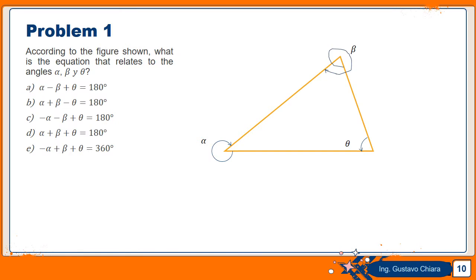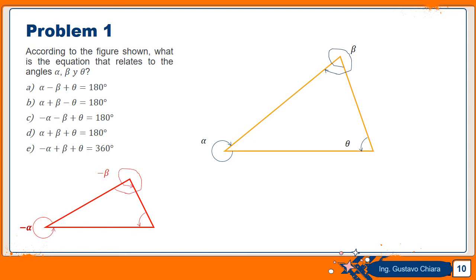Problem number 1. According to the figure shown, what is the equation that relates the angles alpha, beta, and theta? So we need to know the relation between these angles. First of all, we need to remember the sign convention in this kind of trigonometric angle.